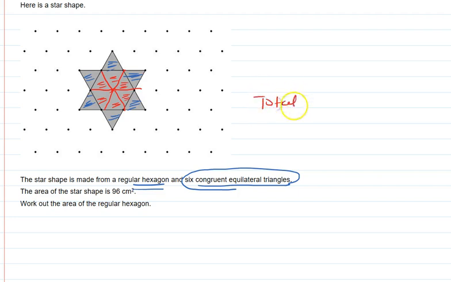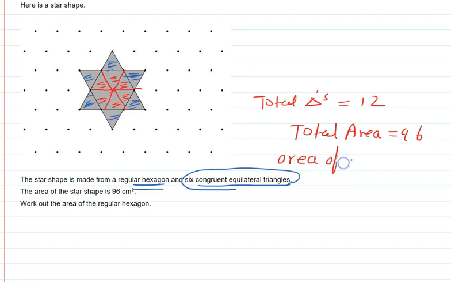So total triangles are 12, and the area of the star shape is 96. So total area is 96. So area of one triangle is 96 divided by 12. So 12 times 8. So area of one triangle is 8.